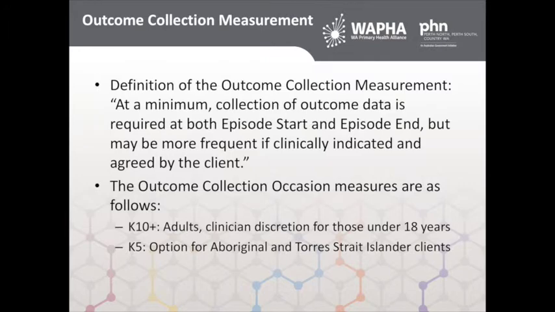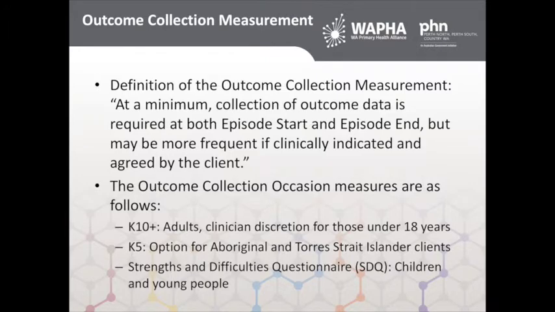In most cases, this will be the K10. For Aboriginal and Torres Strait Islander clients, this will be the K5. And for children and young people, this could be the Strengths and Difficulties questionnaire. Again, a matched pre and post measurement is required for this by the Commonwealth Government.